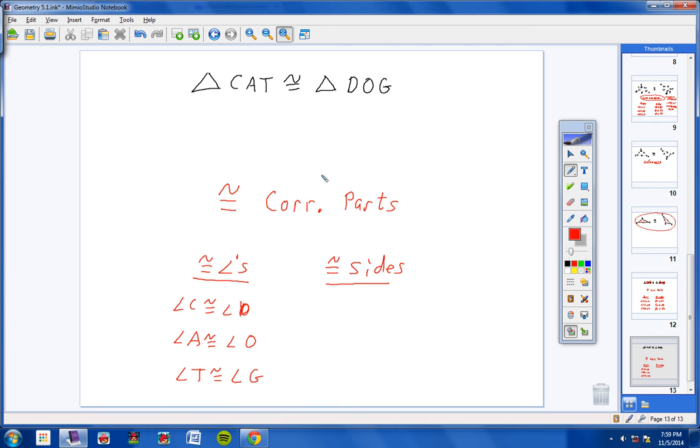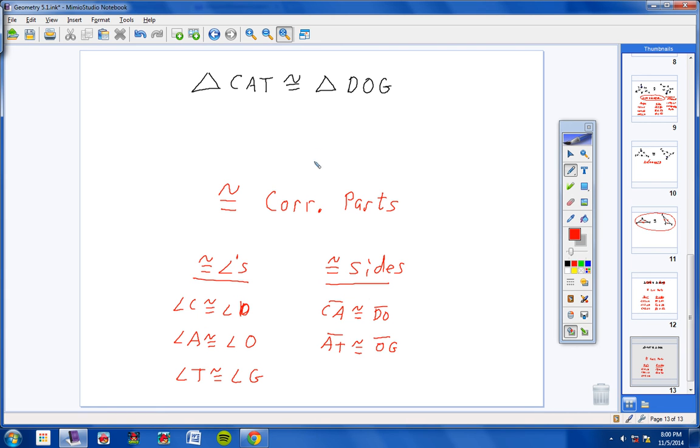Now sides. CA is the first two letters, DO is the first two letters, so CA or AC is congruent to DO or OD. Okay, last two letters, AT, last two letters, OG. So that means side AT is congruent to side OG or GO or TA, doesn't matter.